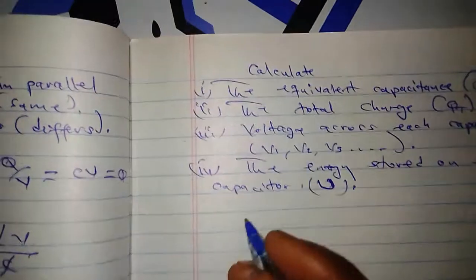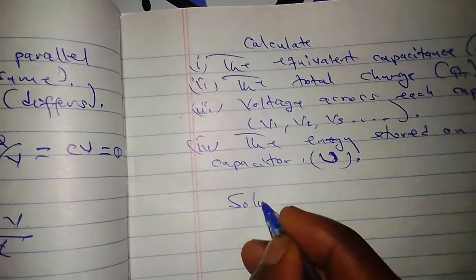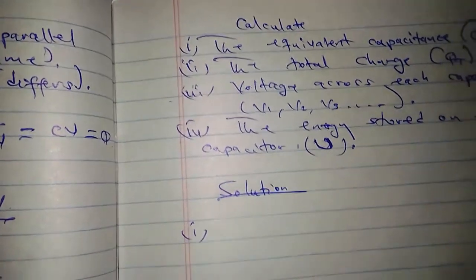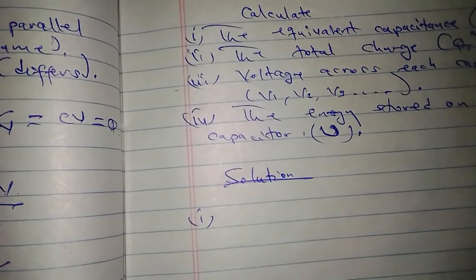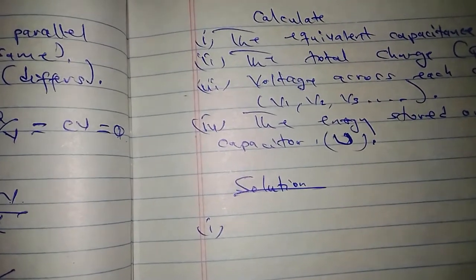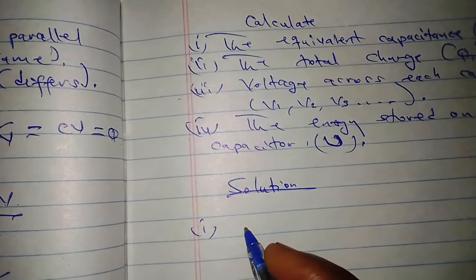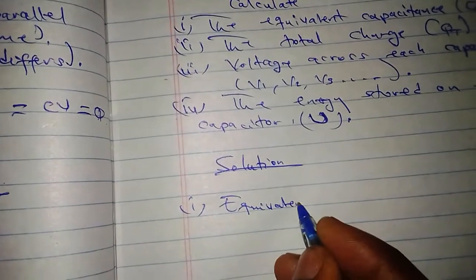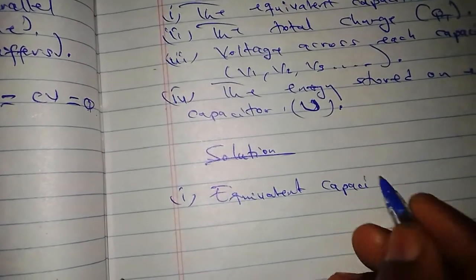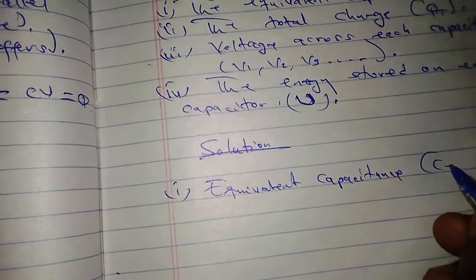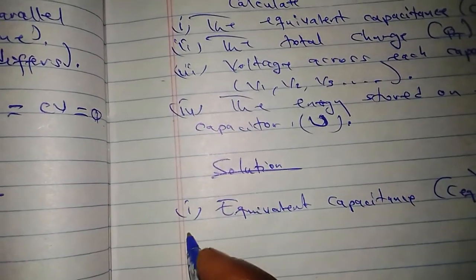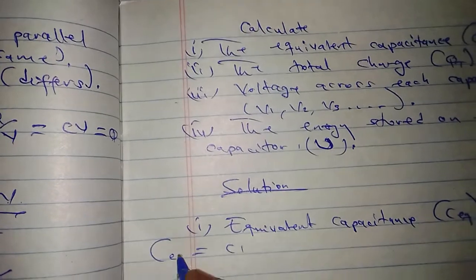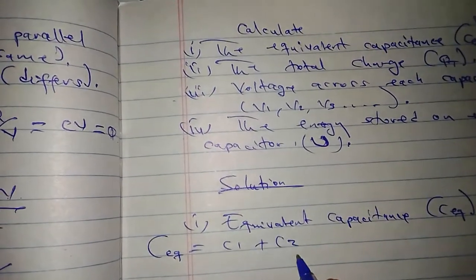Solution 1: total capacitance or equivalent capacitance in the circuit. You know that the total capacitance or the equivalent capacitance is equal to C1 plus C2.